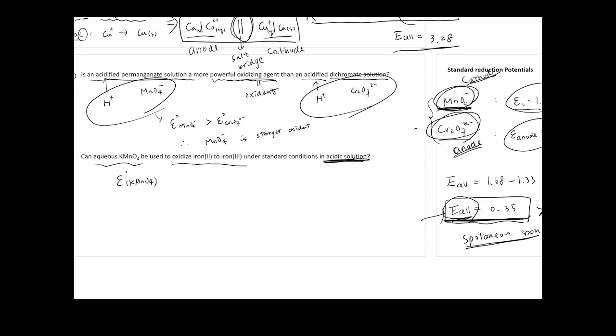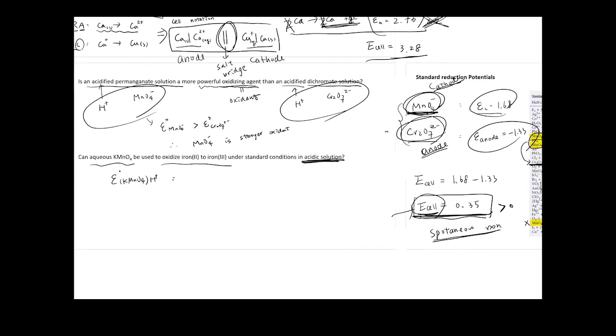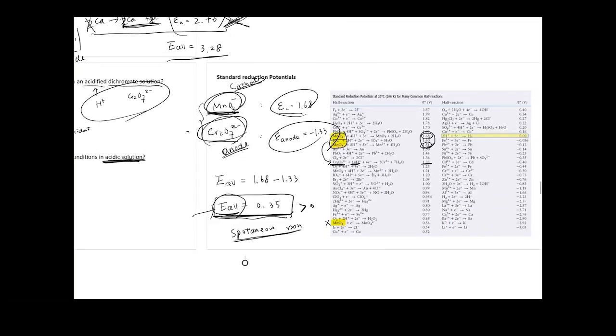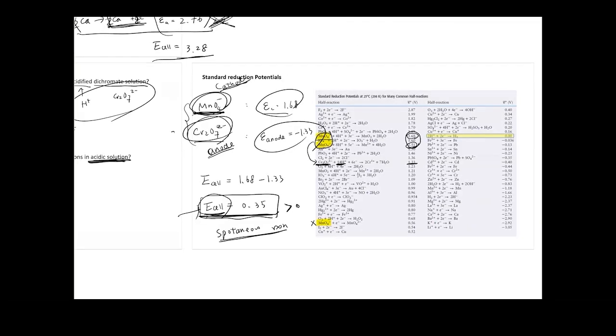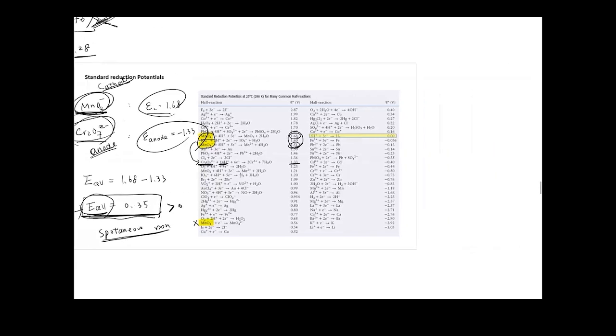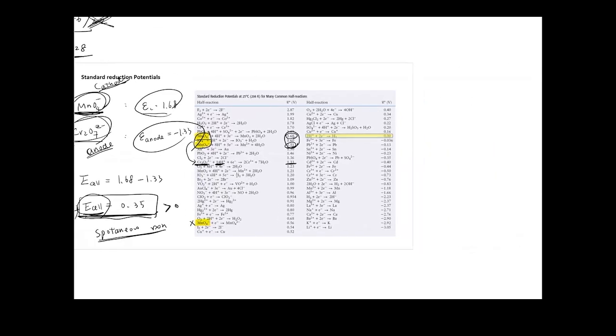So it's MnO4 minus, and at the same time you must also see the H plus. It's just 1.51. To oxidize iron 2 to iron 3, you actually don't have iron 2 to iron 3 in the table, because that's an oxidation process, right? What you have is iron 3 to iron 2. So you can check the reduction potential of iron 3 to iron 2, which is here.